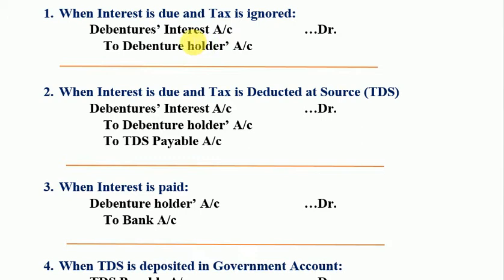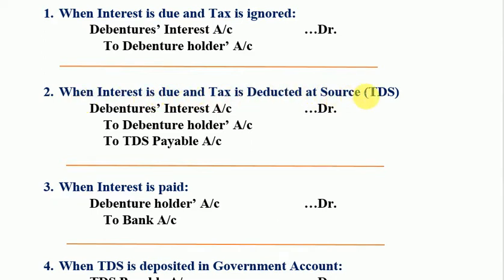Here the debenture interest is an expense for the company, that's why it is recorded on the debit side, and the company is entitled to pay the interest to the debenture holder. This is a liability for the company, that's why it is recorded on the credit side.